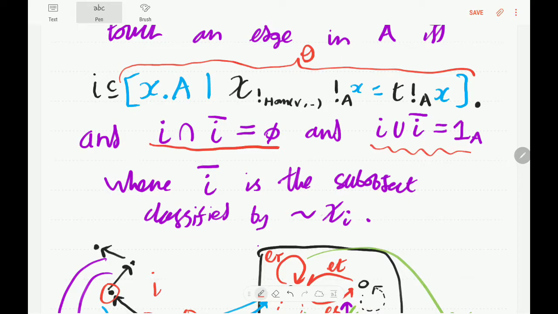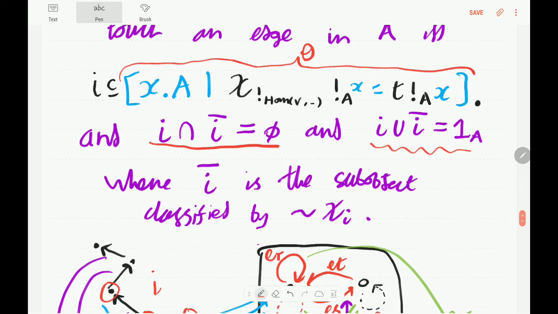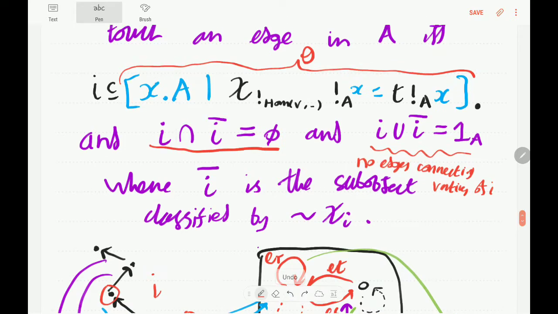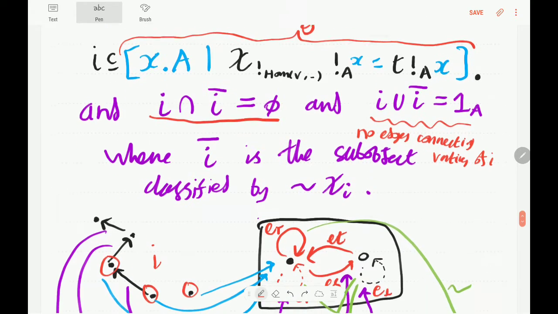When the negation of I is the subobject classified by not chi I. So this one here implies that there are no edges in A connecting vertices of I. We know that I is just vertices because of this condition. But like I say, this says there's no edges connecting vertices of I.